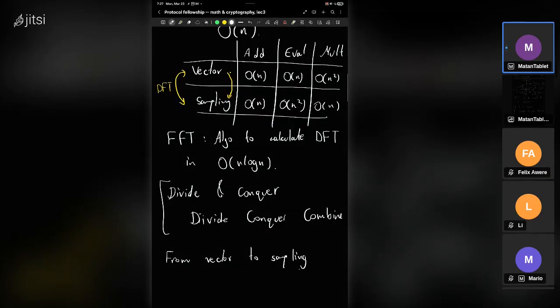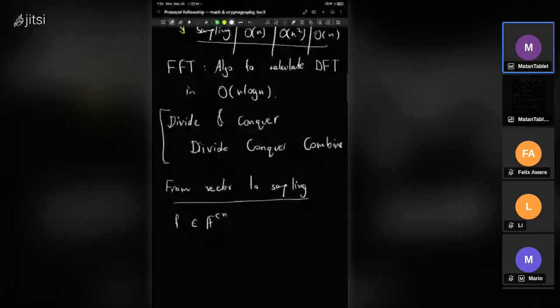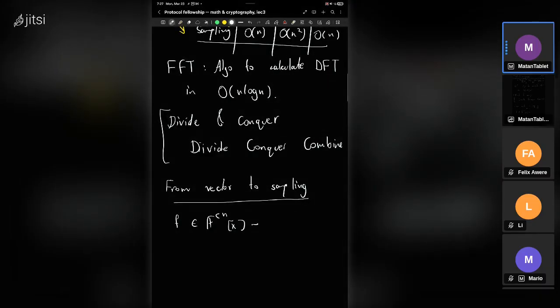I start with a polynomial f of degree less than n, but it is given in vector representation. So I will write it like this: f vector, and this is f0, f1, up to fn minus 1.